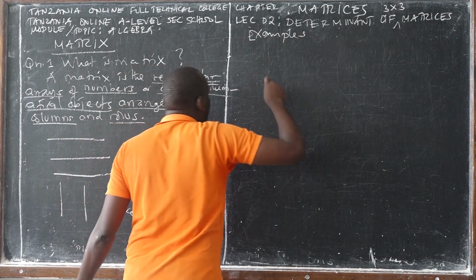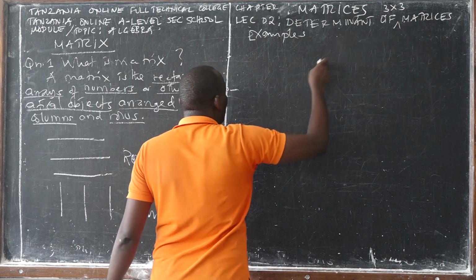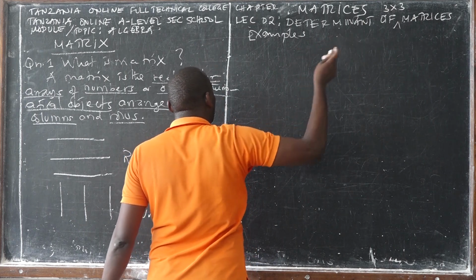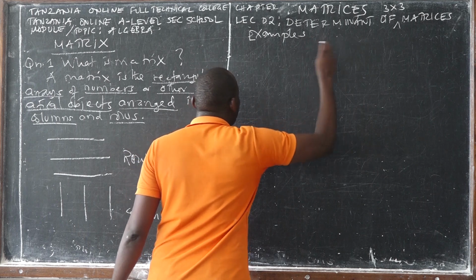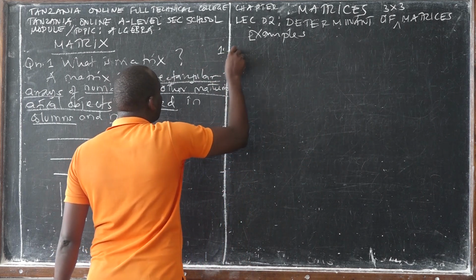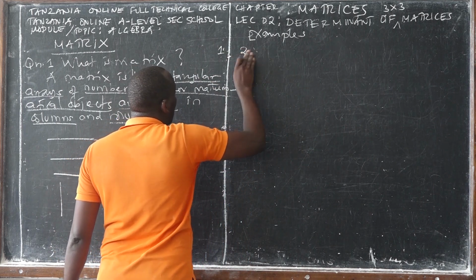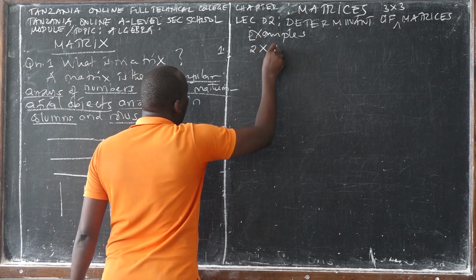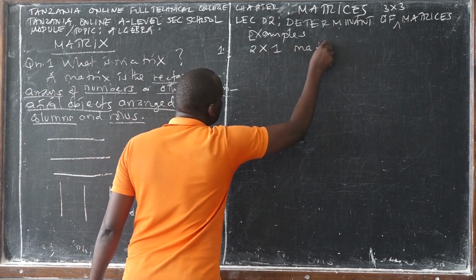Examples of matrices, before we discuss types and then focus on determinants of 3 by 3. The first example is a 2 by 1 matrix.